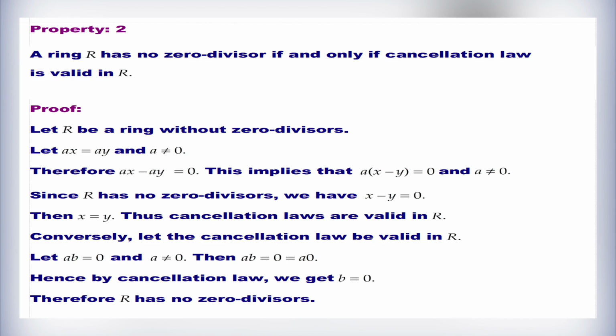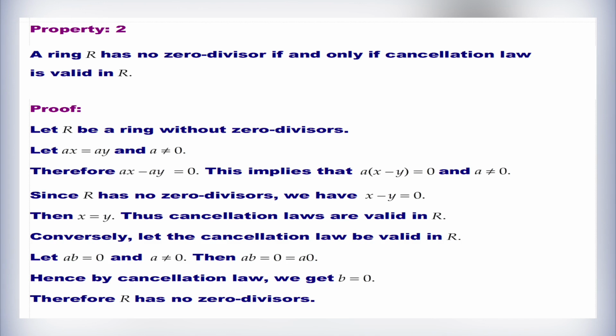Therefore, Ax minus Ay equal to 0. This implies that A into x minus y equal to 0 and A is not equal to 0. Since R has no zero divisors, we have x minus y equal to 0. Then x equal to y. Thus, cancellation laws are valid in R.